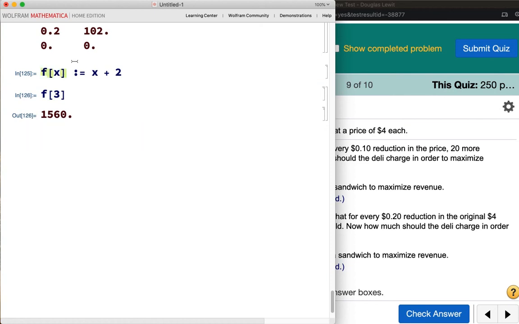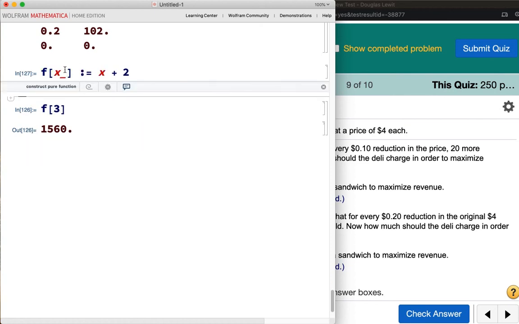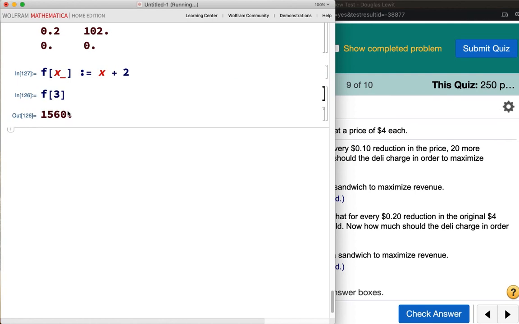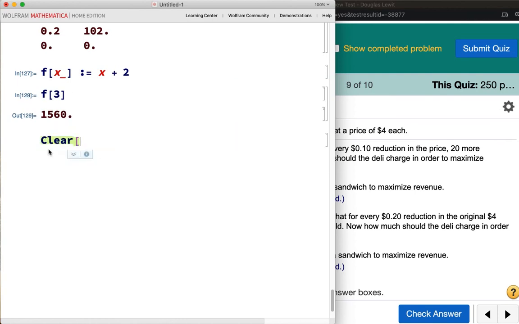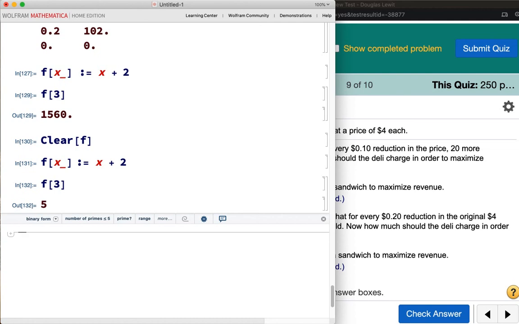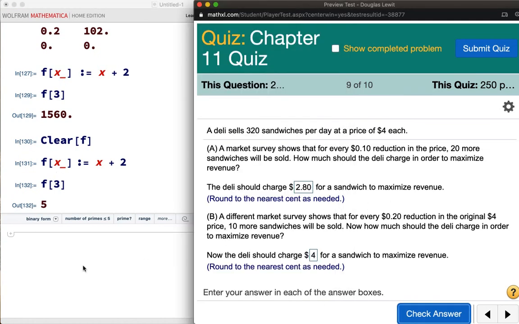Okay, this has to be, right, I need that underscore, and now, okay, it's still here, clear f. So f of x is equal to x plus 2, so now f of 3 should be 5. Okay, you need that underscore. You really do need that underscore.